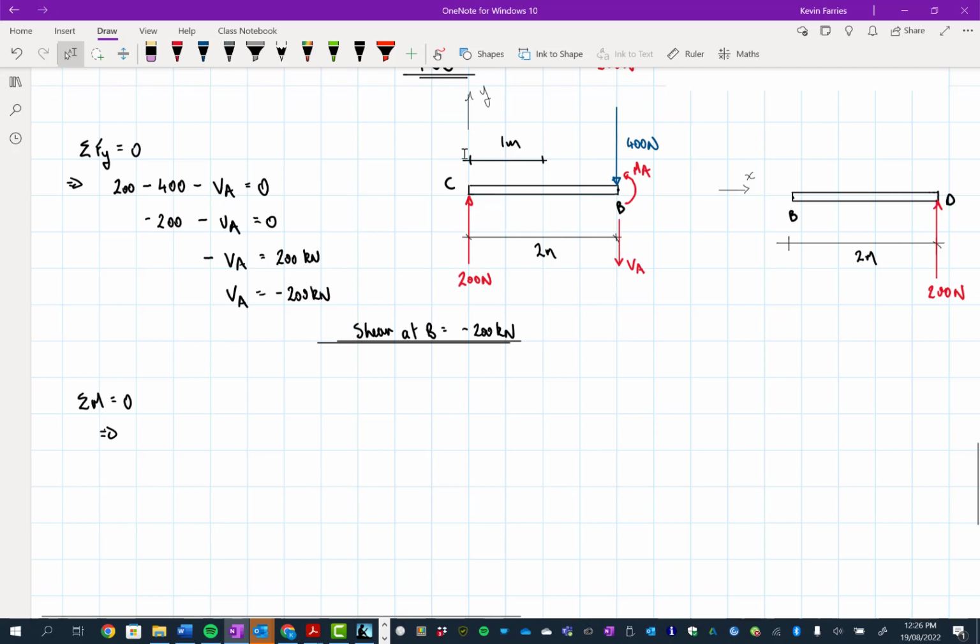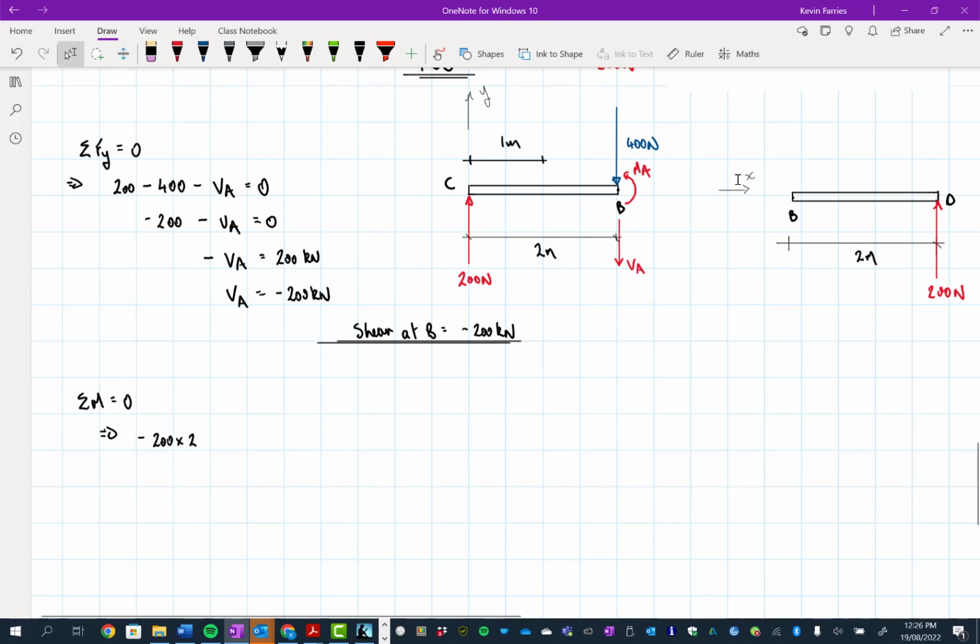So let's work out what all our moments are. We've got 200 newtons going up, with a lever arm of 2 meters, and it would be going clockwise. So that's negative 200 times 2 meters. Then what else have we got that's causing a moment? Nothing. This has pretty much got 0 lever arm. This one's 0 lever arm to B, but we've got that moment. The moment, you could put that anywhere, and so you just add it onto your moments.